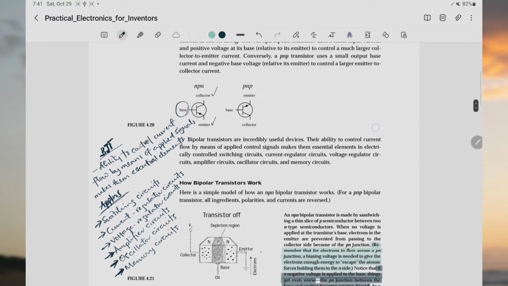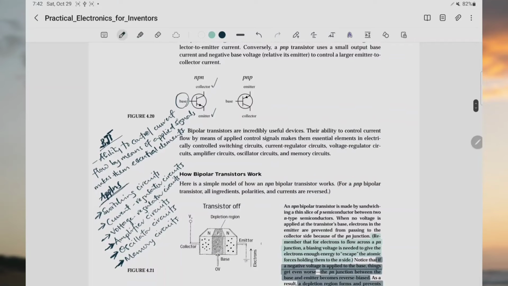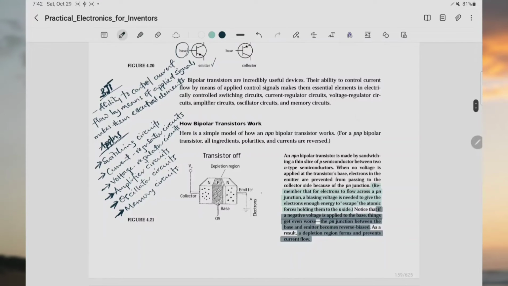These bipolar junction transistors can be applied in very many applications, such as switching circuits, current regulator circuits, voltage regulator circuits, amplifier circuits, and very many others.